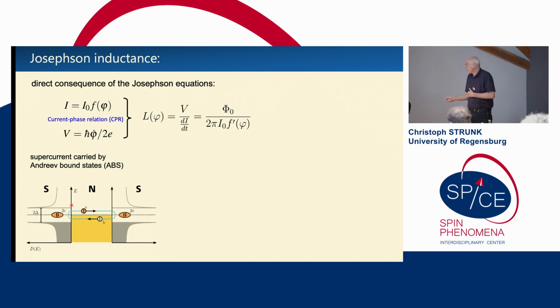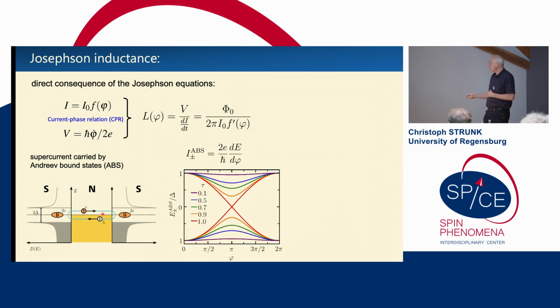And if you have enough electronic phase coherence, if the distance between S and S is not too long, then you can establish a state, which is called an Andreev bound state, whose energy depends on the phase difference.